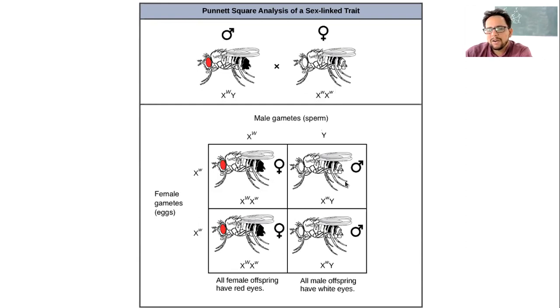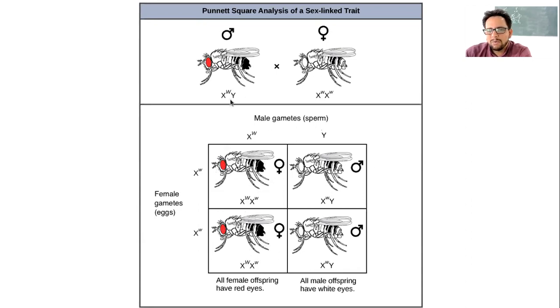Now the possibility of offspring from this is X capital W forming with X small w. In one case, you will have this individual female with red eyes, then the X capital W fusing with the other X small w of the female, forming the female child again with red eyes, because there is always this dominant allele present, so it will exhibit red eye color.